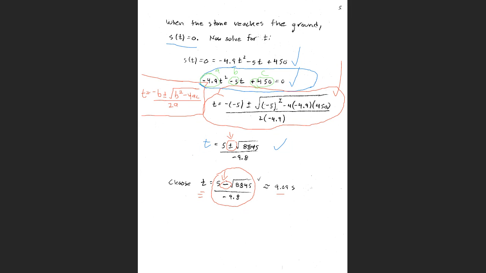It only takes half a second less. If we just drop the stone, it takes approximately 9.58 seconds to reach the ground. But if we throw the stone downward at 5 meters per second, it will reach the ground in about half a second less time.